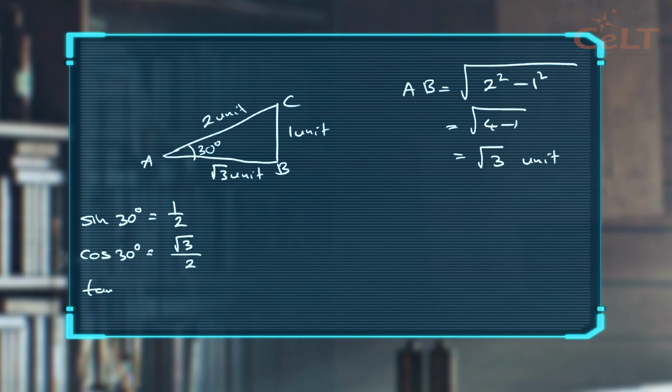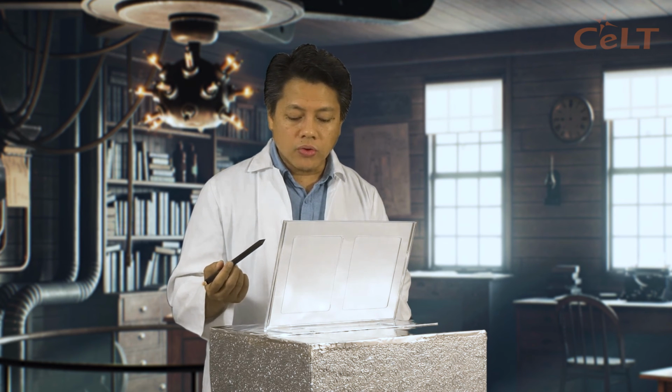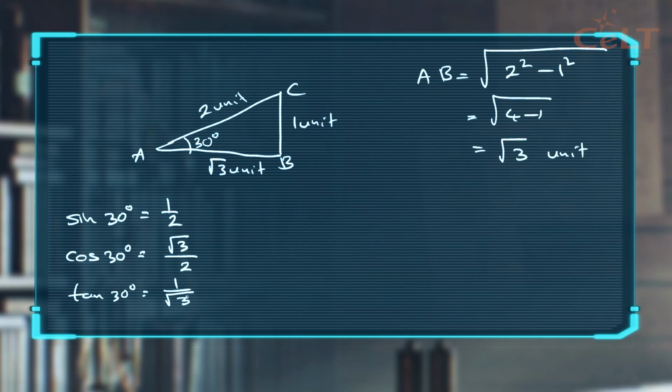And finally, tangent of 30 degrees is equal to opposite over adjacent. So the figure is 1 over square root of 3. But since the denominator has a square root, we want to change that to become a whole number. How do we do that? Well, we multiply by square root of 3 over square root of 3. So the answer will be square root of 3 over 3. The denominator is now a whole number.